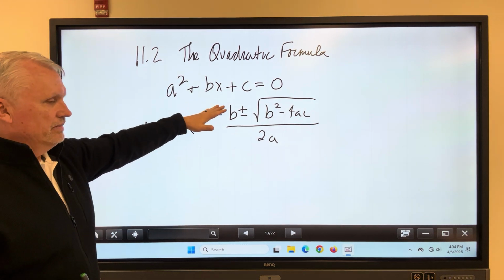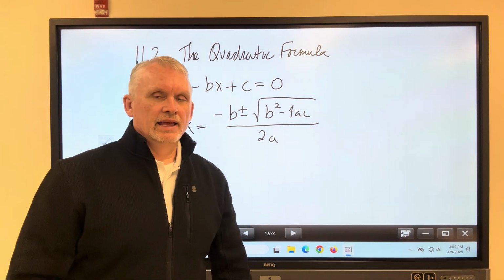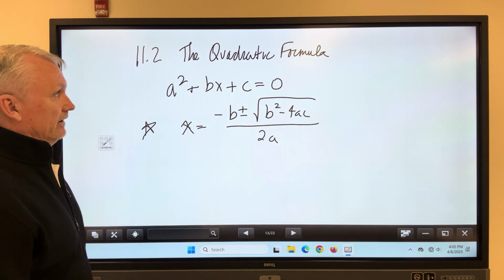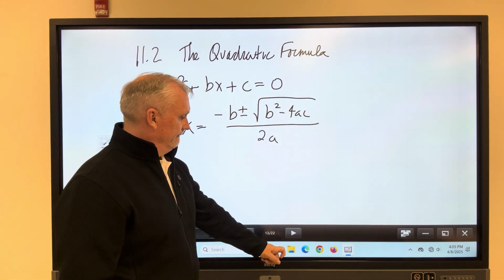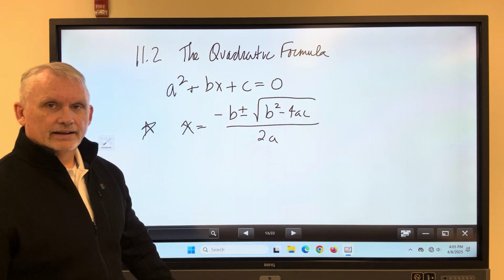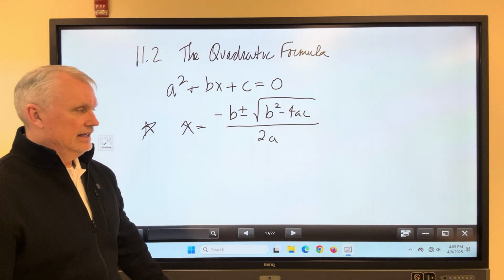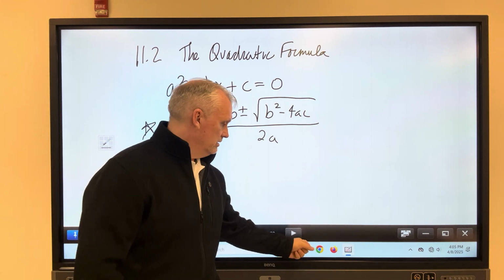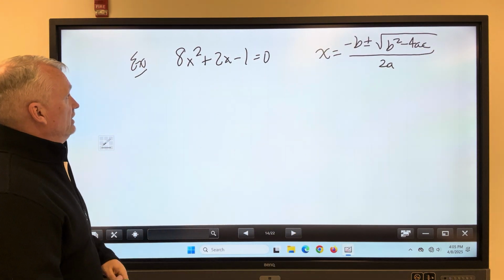Commit this thing to memory. I'm going to do an example, and then we're going to call it a day, because there's a lot of stuff in here. Got it? Everybody got that? All you have to know is what the a, b, and c are. What are your a, b, and c?